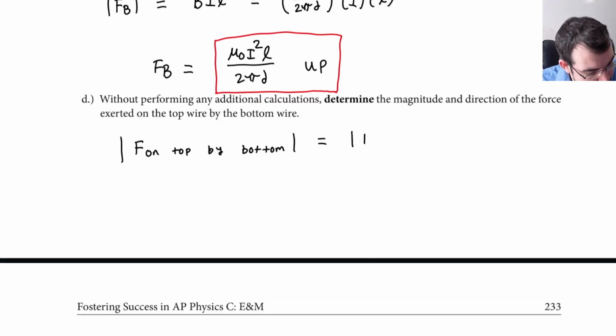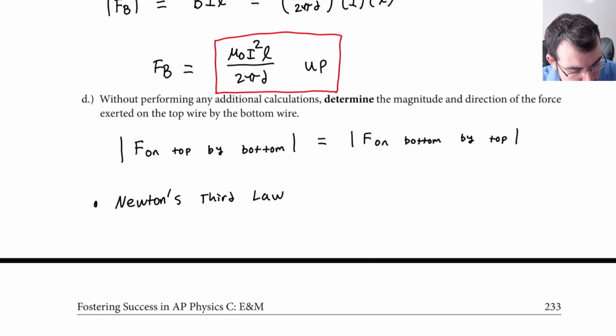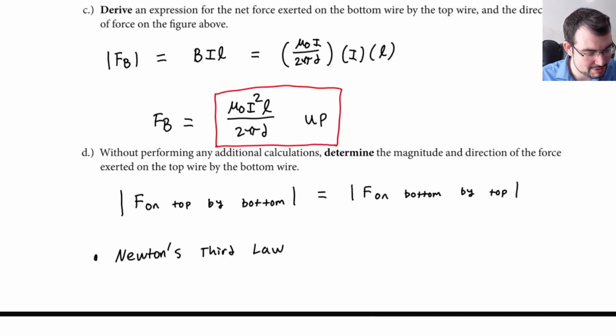This is just totally our word soup that indicates Newton's third law is at play. This is Newton's third. So the forces are going to be equal but opposite by Newton's third law. So force on the top wire by the bottom is equal to the force on the bottom by the top, except opposite direction.